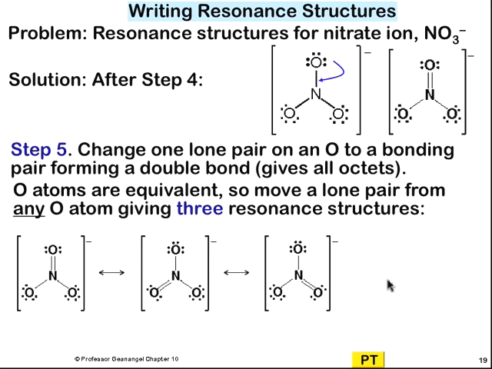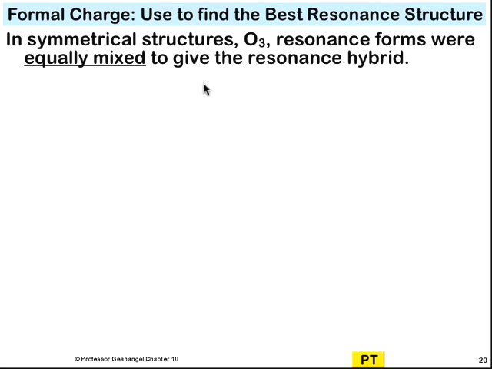Because if we want to describe the resonance hybrid, we can't just assume that each one of these non-equivalent resonance forms contribute the same amount. We can't do it. So if we have some sort of symmetrical structure like ozone, there's no problem because the resonance forms were equally mixed and each contributed the same amount to the resonance hybrid.